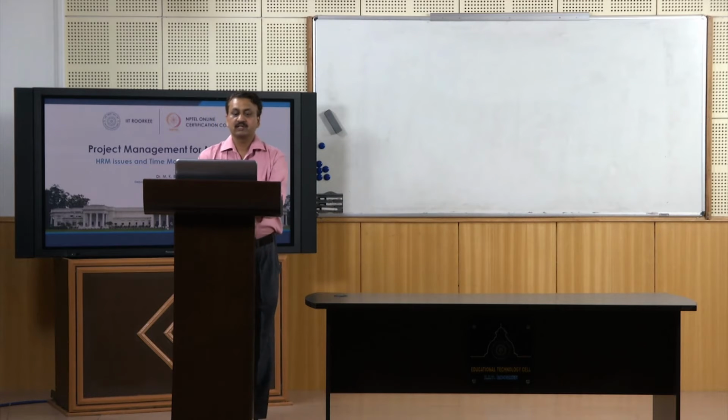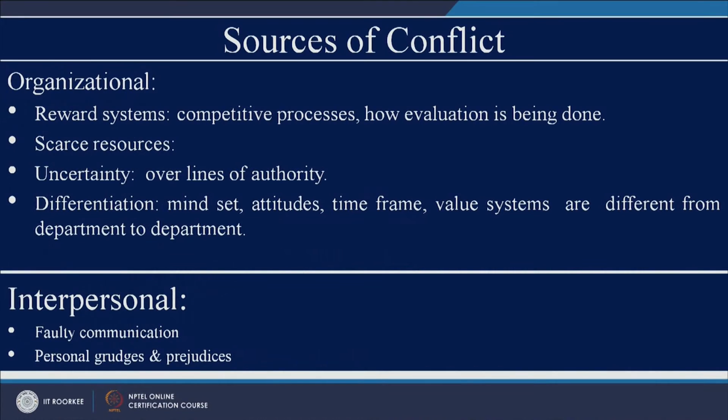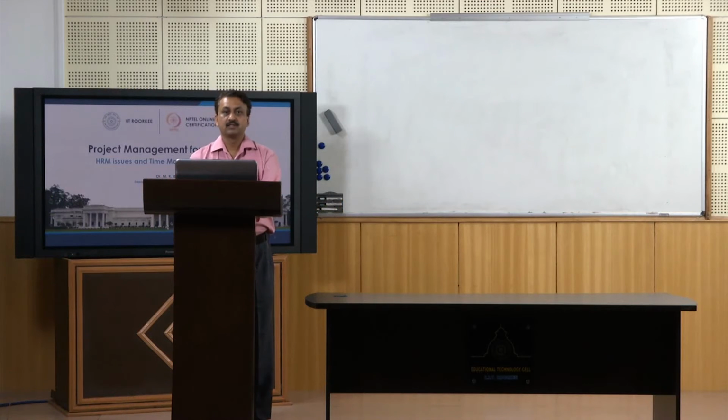So let us look at what the different sources of conflicts are. Again, they can be external and internal, right? So you can have organizational sources and interpersonal sources. A reward system can sometimes be a source of conflict, right? Let us say you have a monetary reward system for the best project team member.